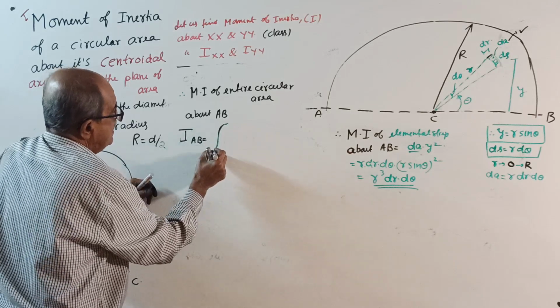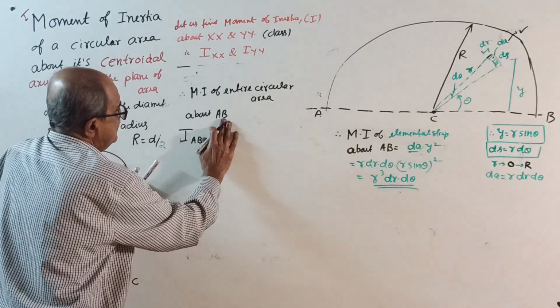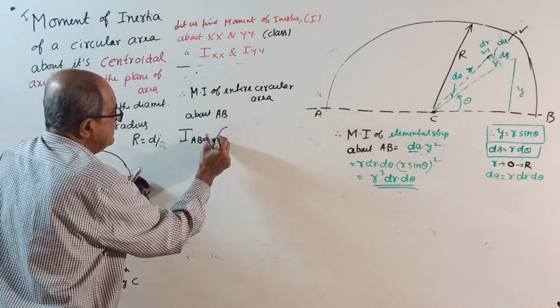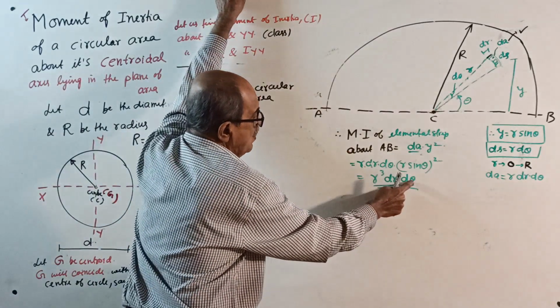Why is it a double integration? Because there are two variables, which I told you earlier. One variable is r, one is theta.